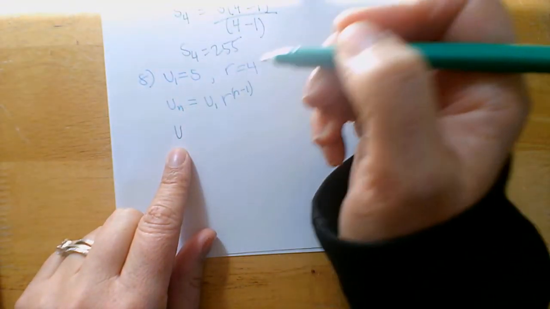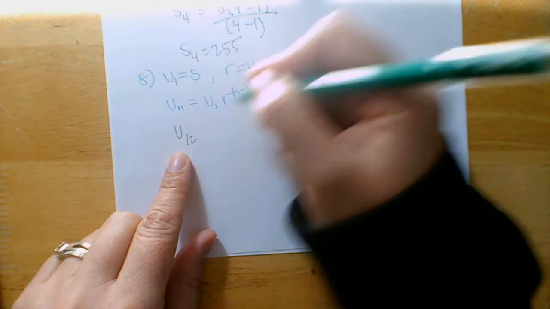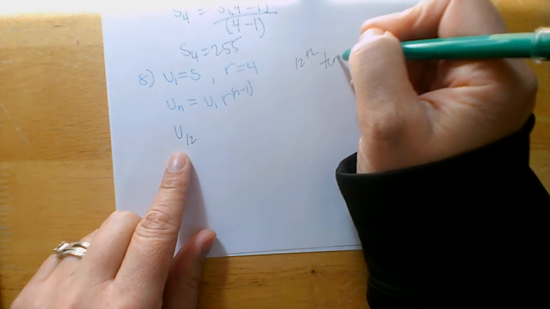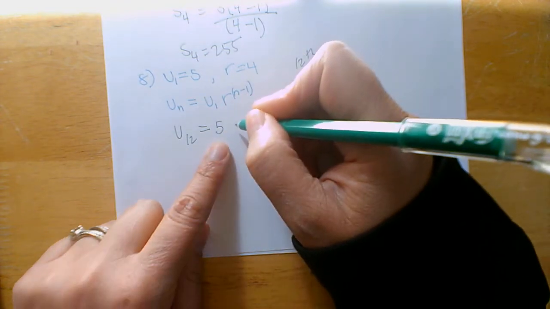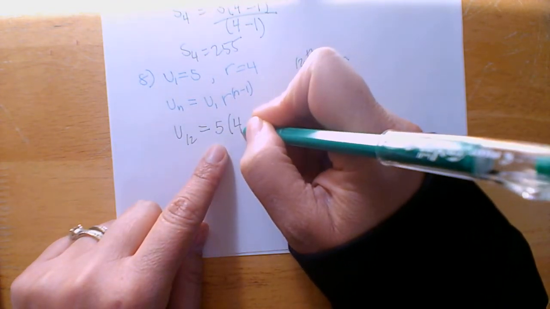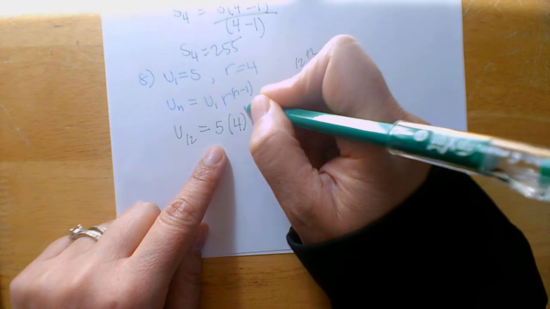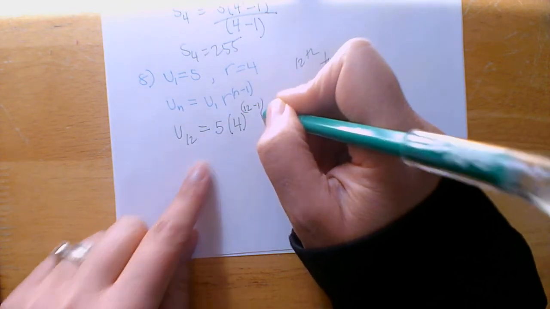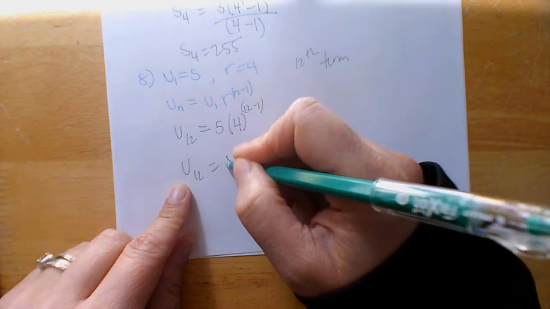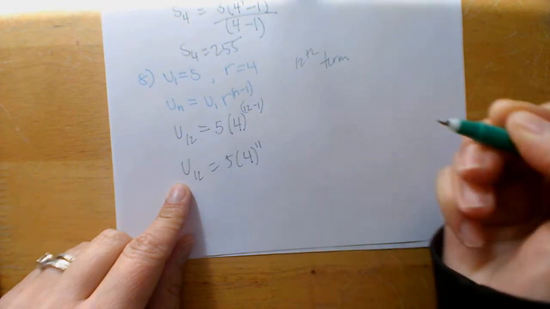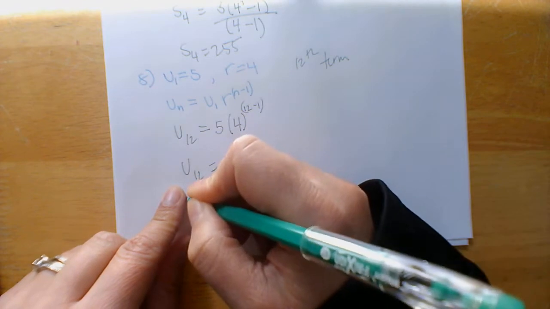So we need to find the 12th. So it said the 12th term we need to find. So n is going to be 12. Our first number is 5. Our common ratio is 4 raised to the 12 minus 1 power. You can simply do that in the calculator. You could subtract this. So you could put 4 to the 11th and then do that in the calculator if you would like to.